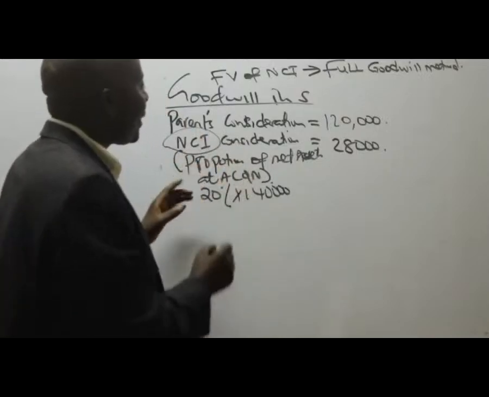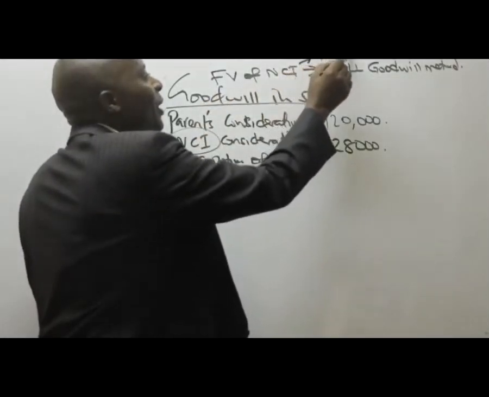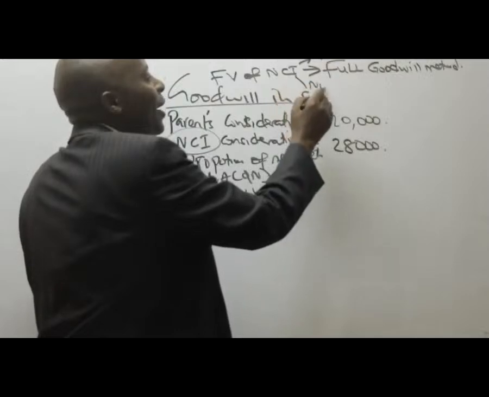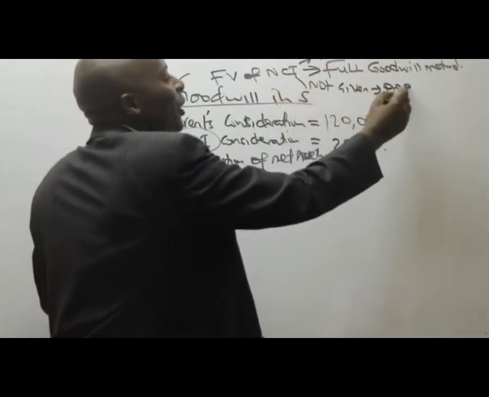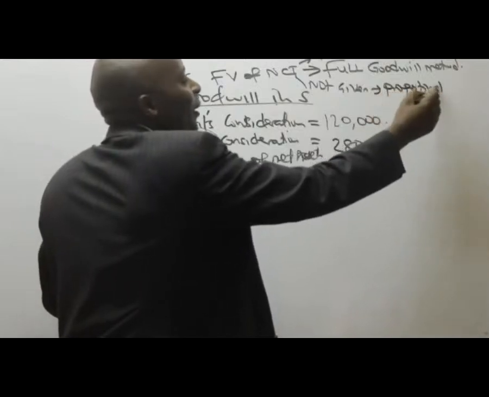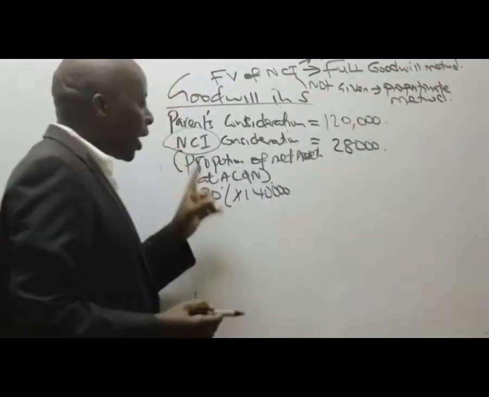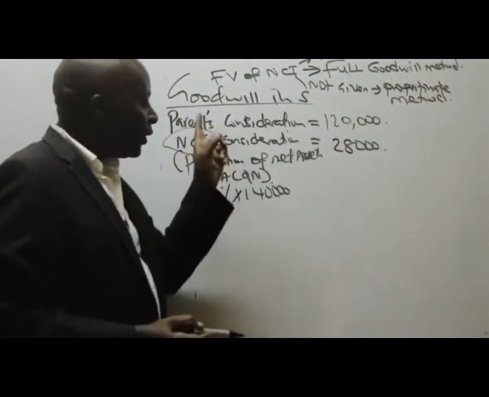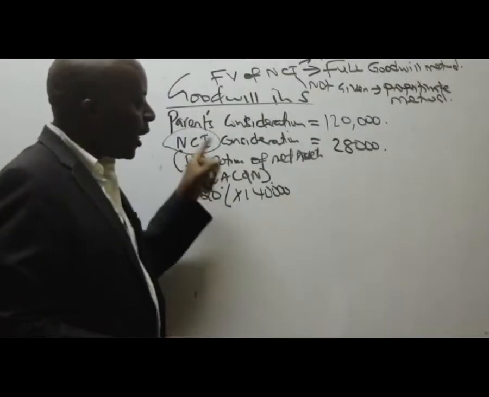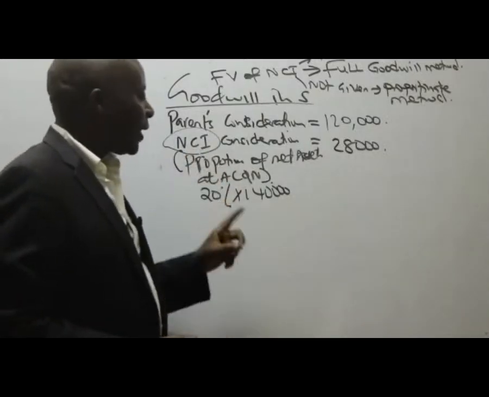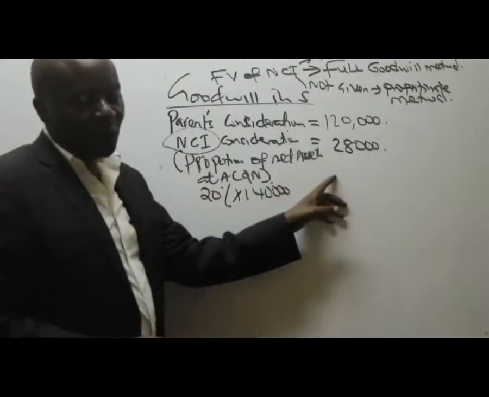If it is not given, then you shall use what we call the proportionate method, where you take the proportion of NCI of the net assets at acquisition. So 20% of 140,000 gives me 28,000.